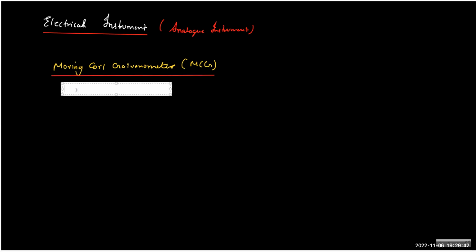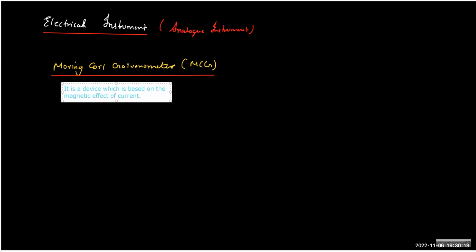We need to know the physical principle on which it is based, because you may be asked to answer this question: on which physical phenomenon does this device operate or work? So we say that it is a device which is based on the magnetic effect of current.